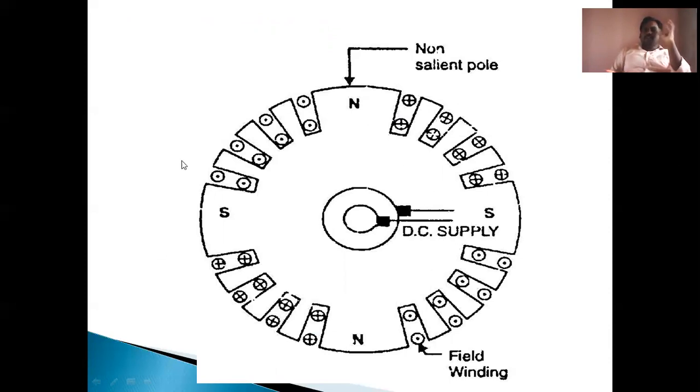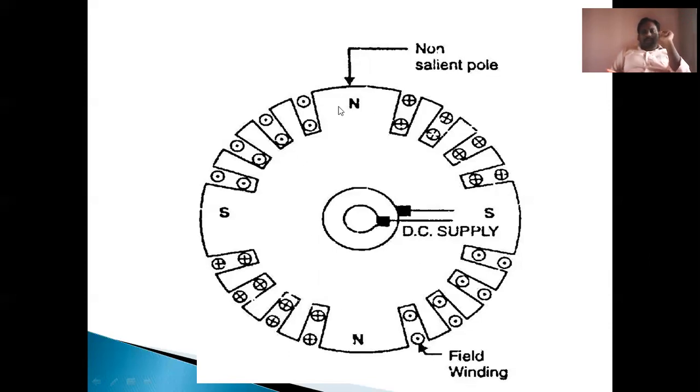This arrangement forms a cylinder shape, and for this type of construction, solid smooth steel can be used. It is a smooth, solid steel cylinder.